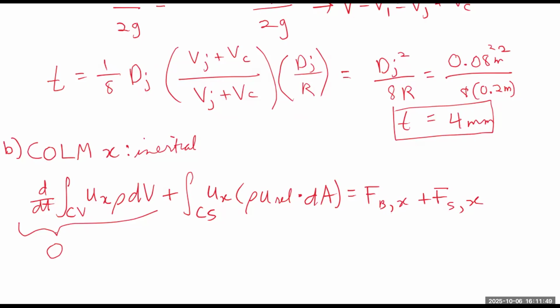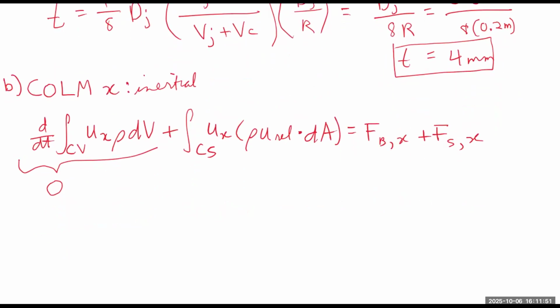So for the integral over the control surface of ux times rho u relative dot dA, we have that is equal to what is ux?